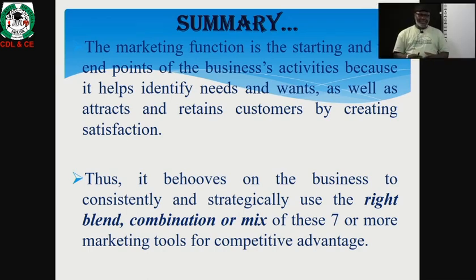What gives a business competitive advantage in contemporary business world is the quality of service. And so Britner and Co. added physical evidence, people, and process as part of this marketing mix.